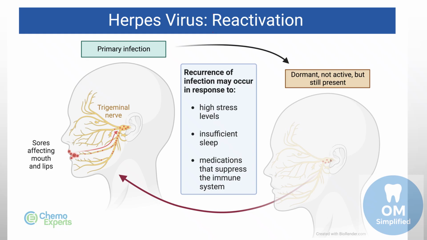Now, as we discussed in the last slide, once a person is infected with herpes virus, the virus stays in that person and can reactivate once the immune system is hit by something. So this picture was taken from an online source called Chemo Experts, and this explains that once a person is infected, the person can have sores that affect the mouth and lips.